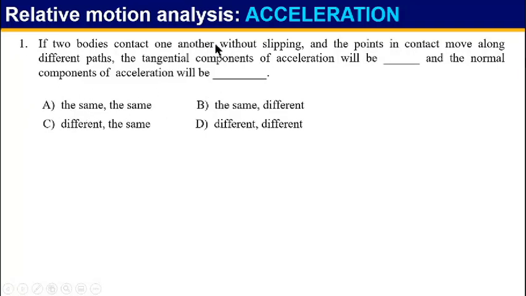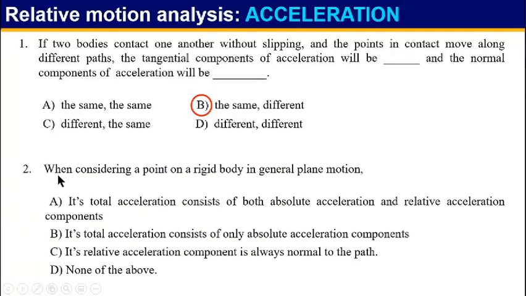Option A: tangential component is the same, normal component is different. Option B: tangential component is different and normal component is the same. Option C: both are the same. And both are different for option D. So which one? It should be A. The tangential component of acceleration will be the same, and the normal components of acceleration will be different. So please recap the condition for bodies in contact.